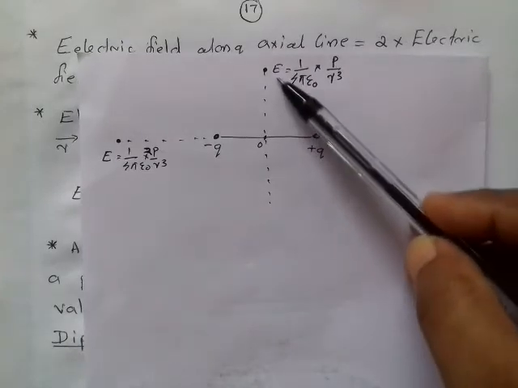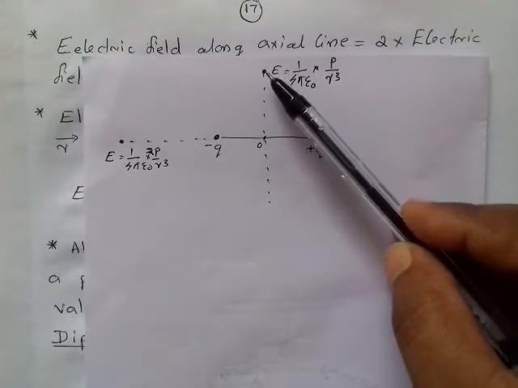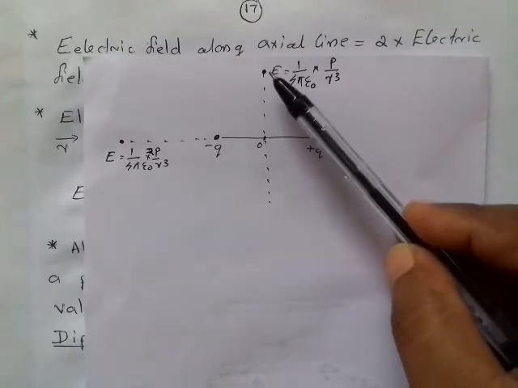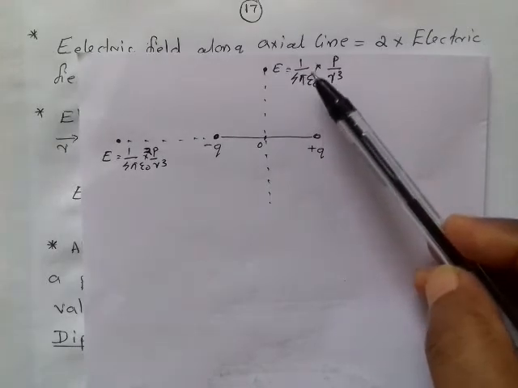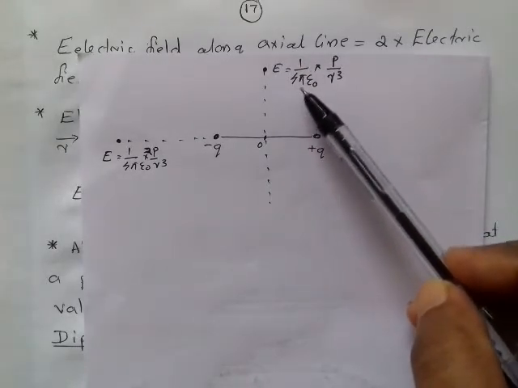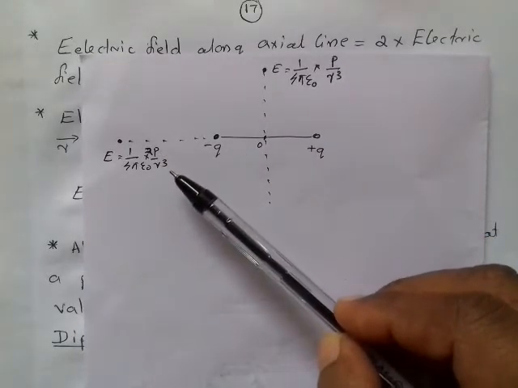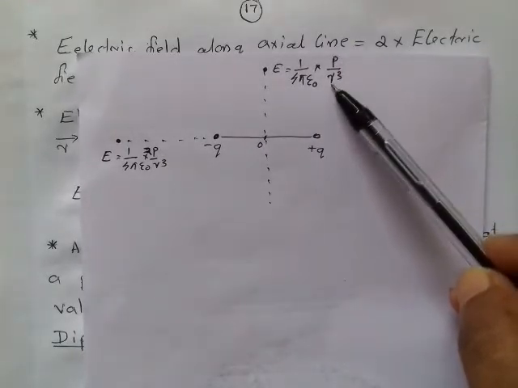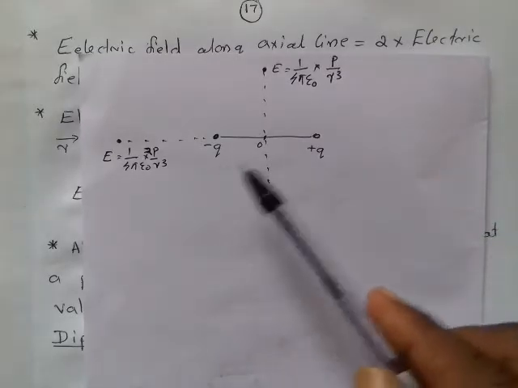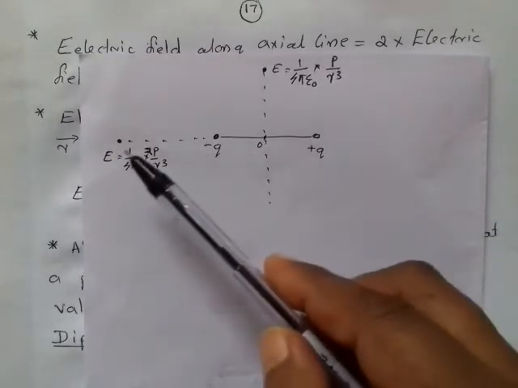This is the equatorial line, and this is a general point along the equatorial line, where we have derived the electric field as 1 by 4 pi epsilon 0 into p by r cube. Here it is 2p by r cube, here it is p by r cube. So along the axial line it is more.